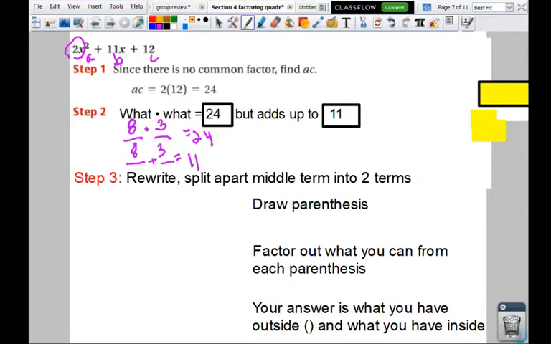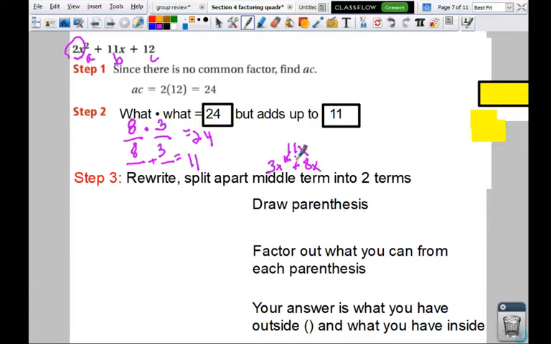And what I'm going to do is I'm going to take B, this middle piece right here, this 11x. I'm going to take 11x and I'm just going to split it apart. I'm going to put a 3x for my first one, and then I'm going to go plus 8x. 3x plus 8x is still 11x, right?